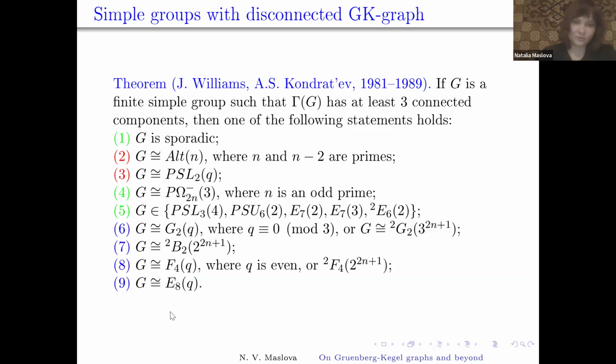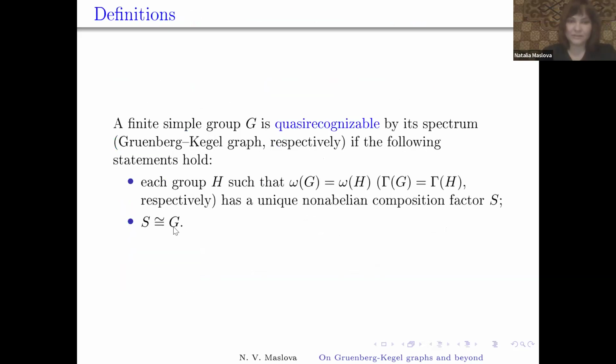And for exceptional groups of Lie type, the question was not solved in the general case. A finite group is quasi-recognizable by spectrum, by Gruenberg-Kegel graph, if each group with this parameter has a unique non-abelian composition factor, which is isomorphic to our group.